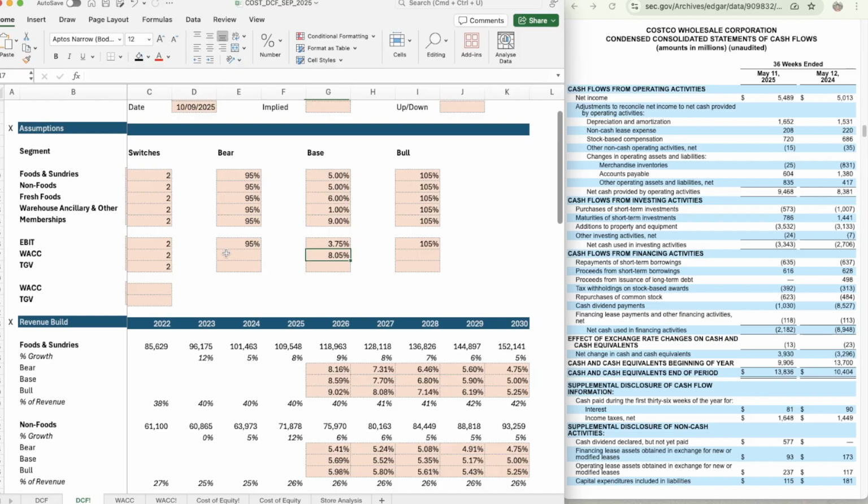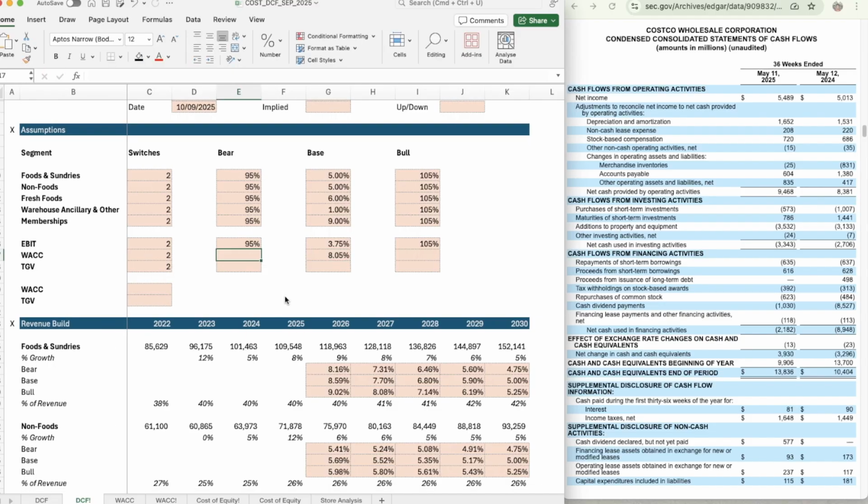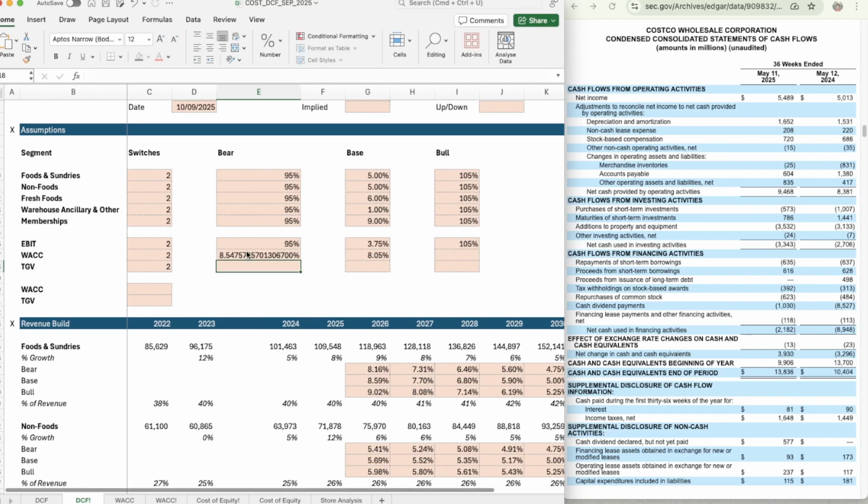And the bear case for the WACC is going to be, we do plus 0.5%.